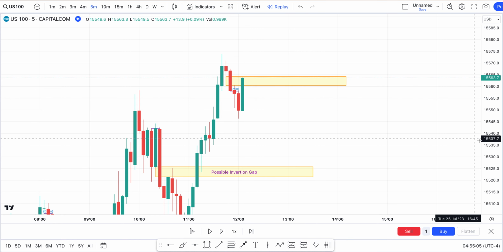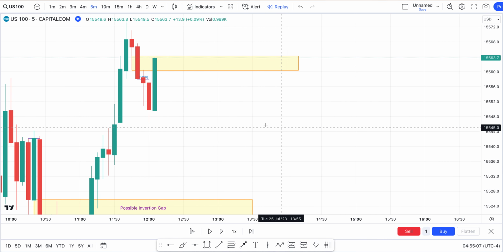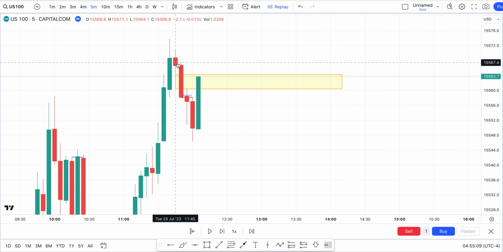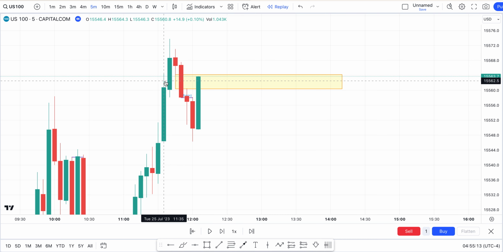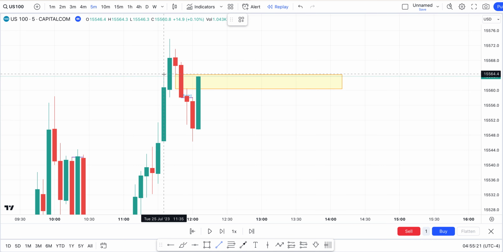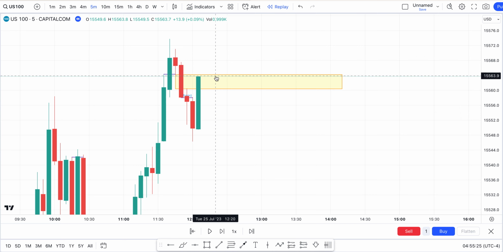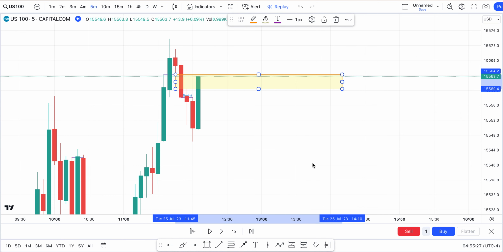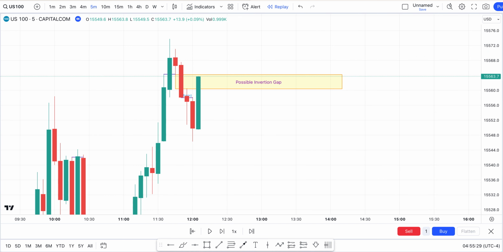Oh, not sure of that. The low 15564.1, the high 15564.3. Another perfection. Inversion fair value gap. Inversion fair value gap.